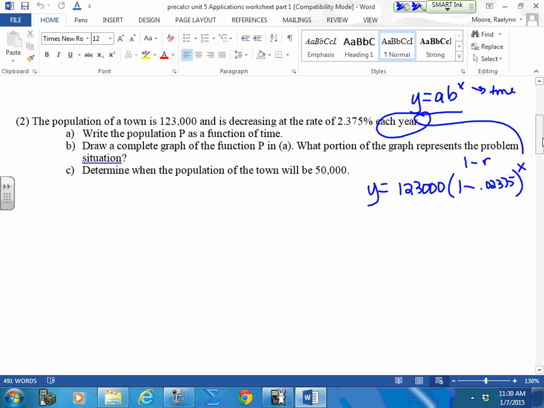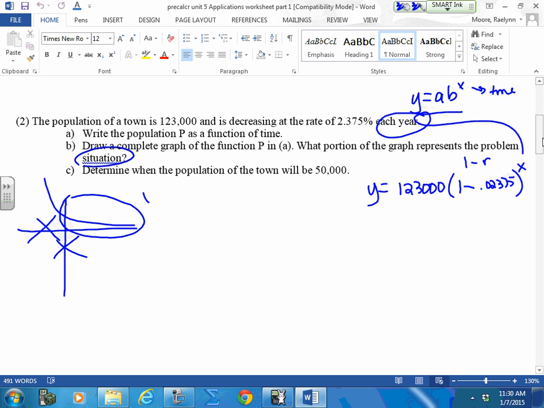Okay? Now, what's nice is, when I graph this, they say, what kind of situation is this? I say, okay, if I was to graph this entire graph, I would be decreasing. It would come down like this, right? But my situation says you can't use negative time, you can't use negative population, so you're only in quadrant 1.